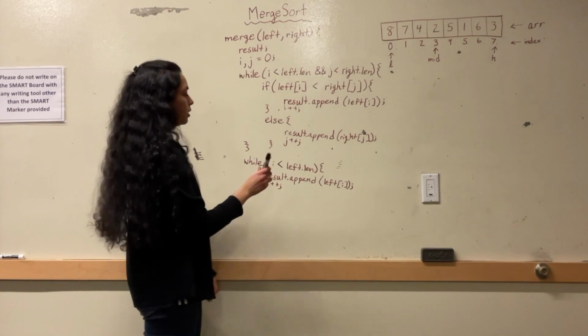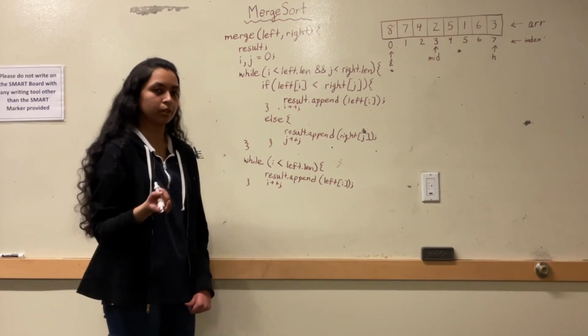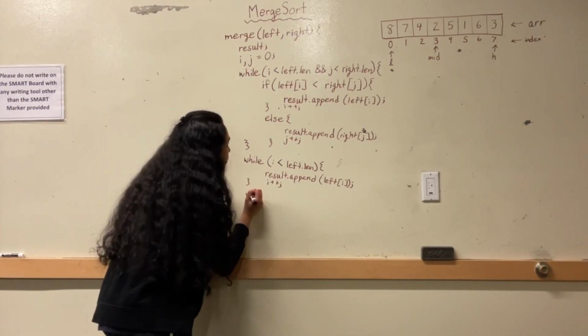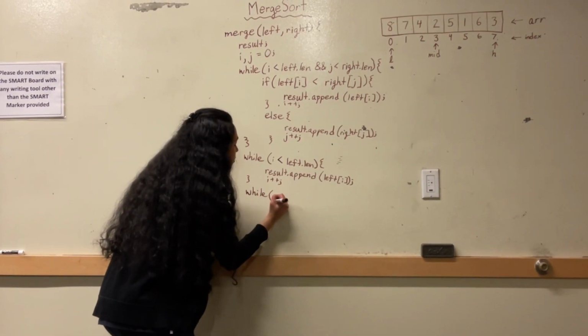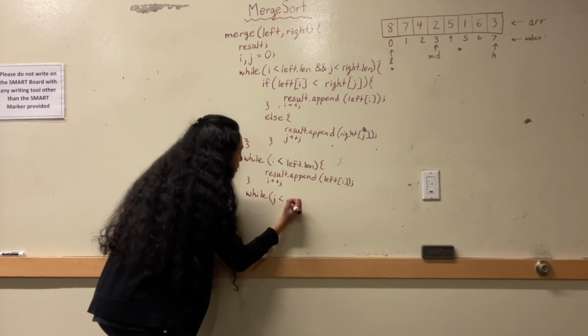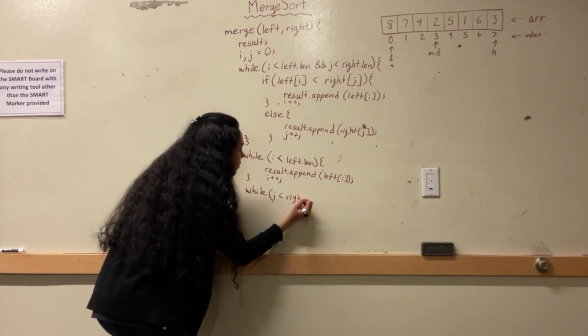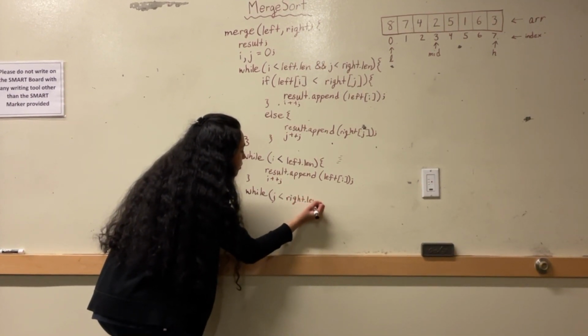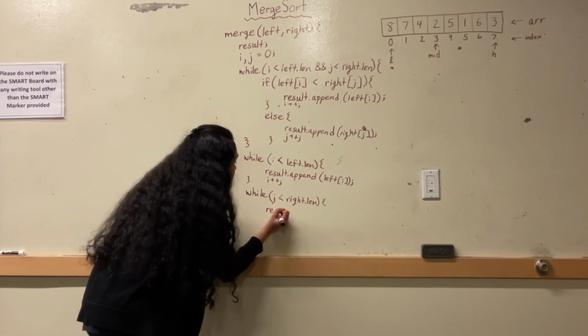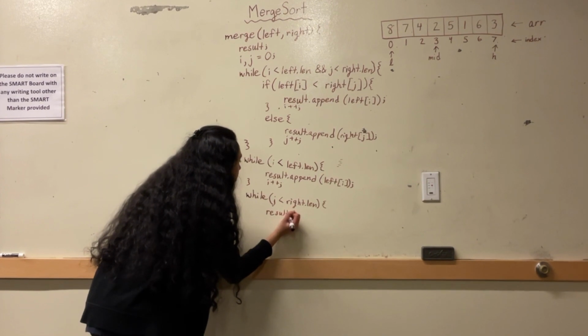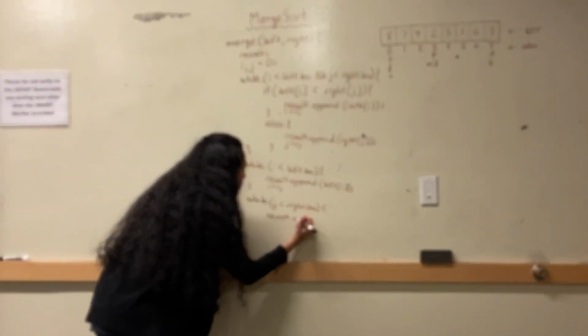And otherwise, if it's the right array that still has elements we haven't seen, we're going to have a while loop for that. So while j is less than right.length, we're going to add the rest of the elements to the right into result.